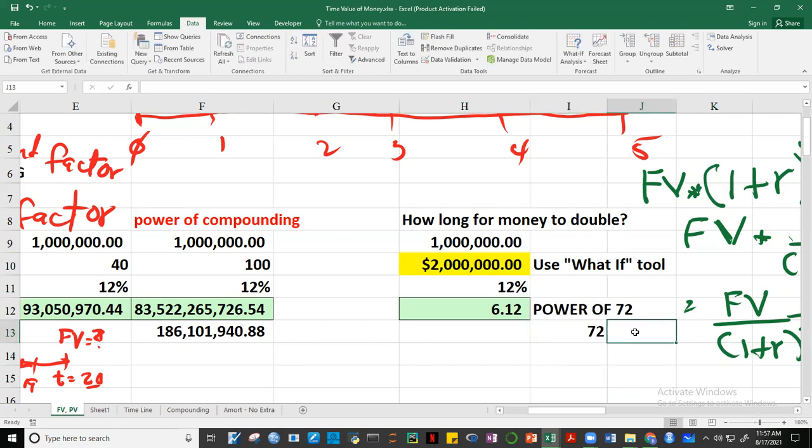So, i-divide mo yung 72 by the rate. Dapat guys yung tatanggalin natin percentage na. So that's around 6 years approximately lang to.